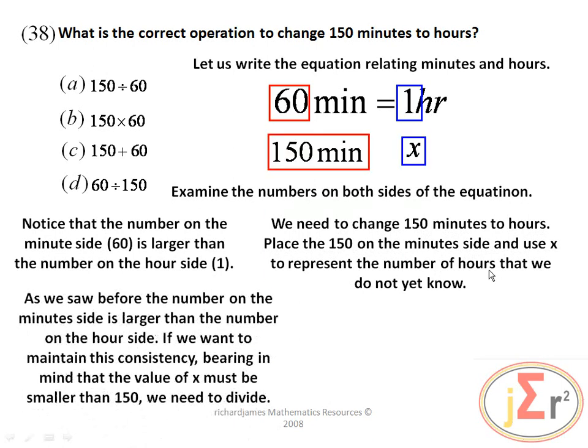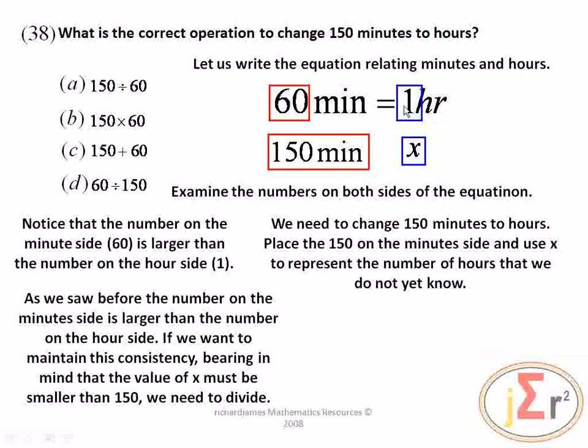As we saw before, the number on the minute side is larger than the number on the hour side. If we want to maintain this consistency, bearing in mind that the value of x must be smaller than 150, we need to divide. So if we put them down like this, the number on this side is always going to be smaller.